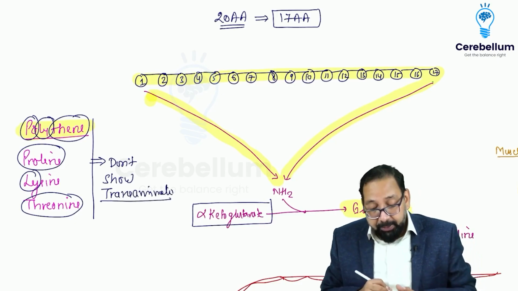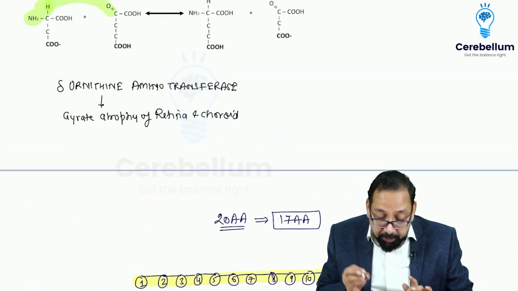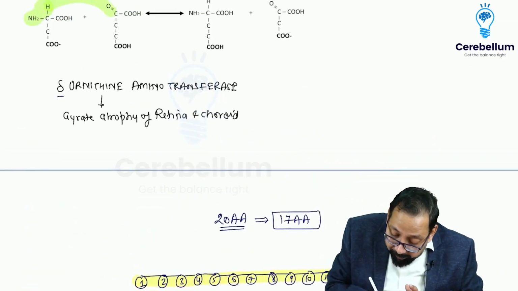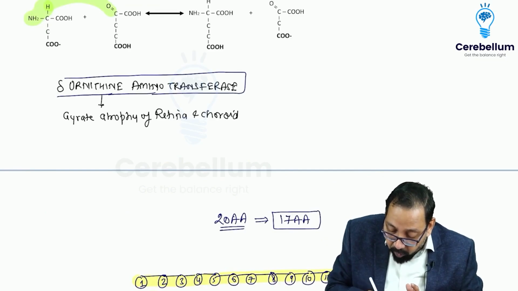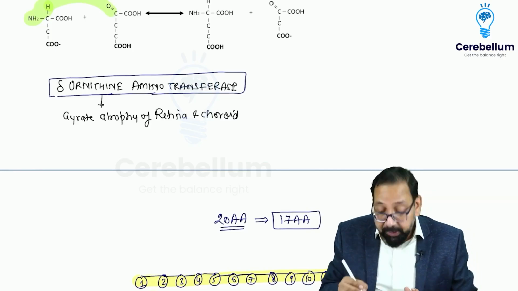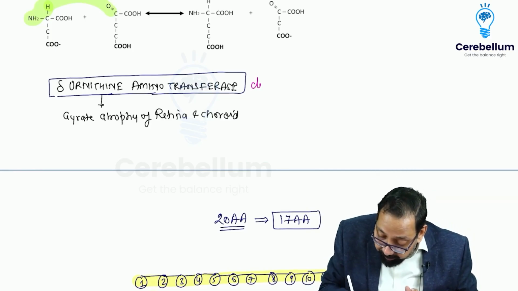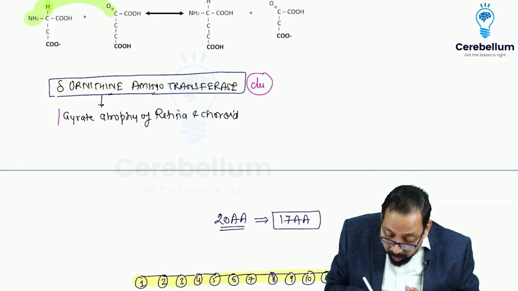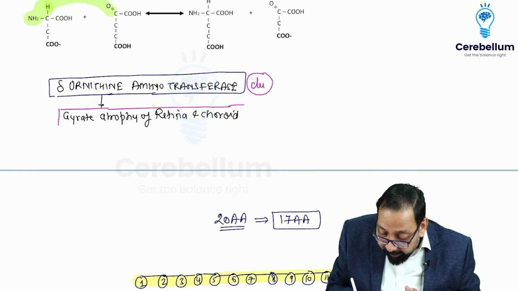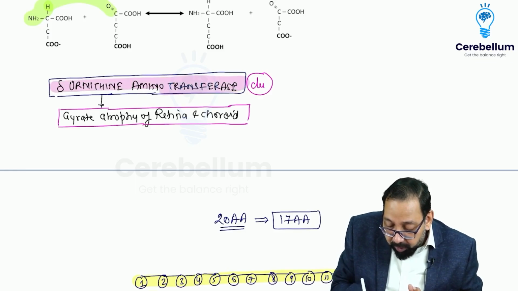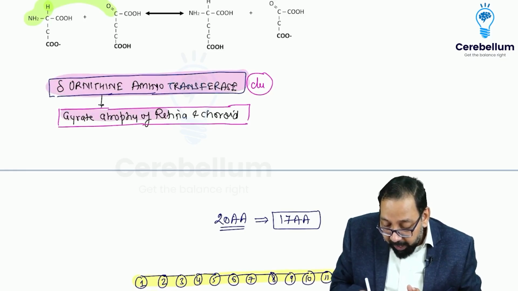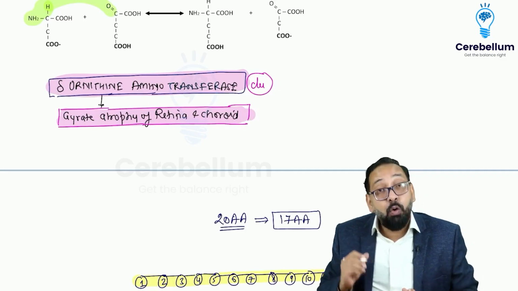We found that one amino acid transferase is delta ornithine aminotransferase. If this enzyme is deficient, it leads to gyrate atrophy of retina and choroid. So you will remember this. The question has been asked: delta ornithine aminotransferase deficiency leads to gyrate atrophy of retina and choroid.